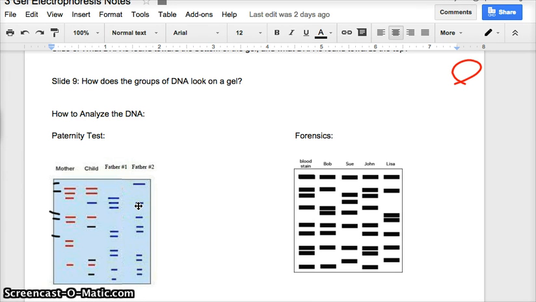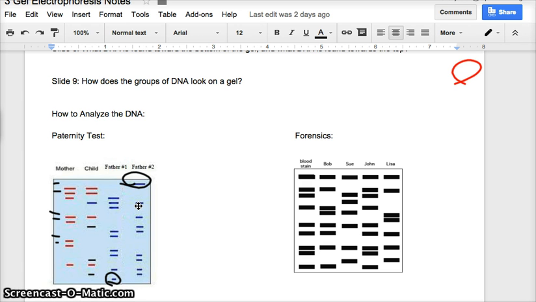The reason they separate is because the DNA down here is very small, and the smaller DNA goes farther through the gel, whereas the longer DNA, like this one here, stays up towards the top because it's really big. It can't fit through the little tiny holes in the gel as easily.